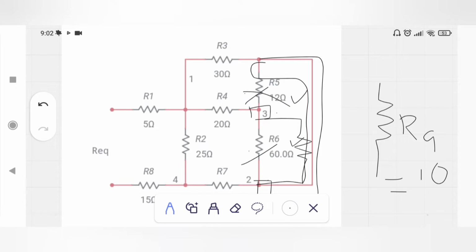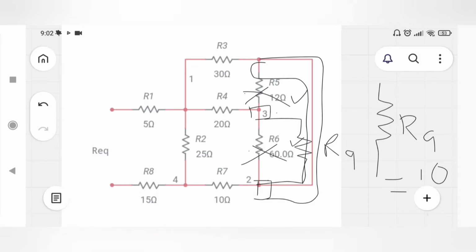We eliminate R5 and R6 and replace them with a single resistor R9. Let's move forward.